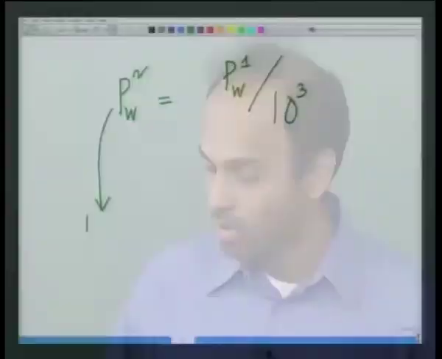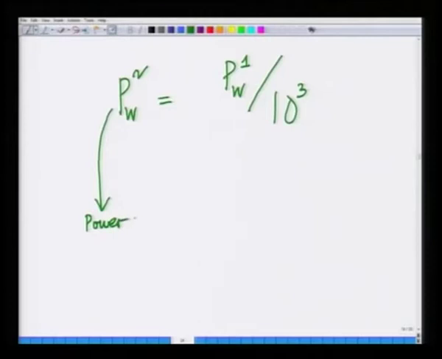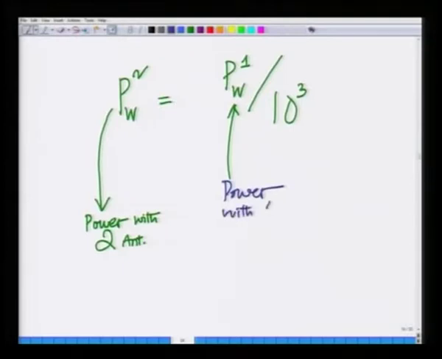So, the amount of power required now is 1000 times lower compared to the case when we had only a single receive antenna. So, PW2 is power with 2 antennas and PW1 is power with 1 antenna.